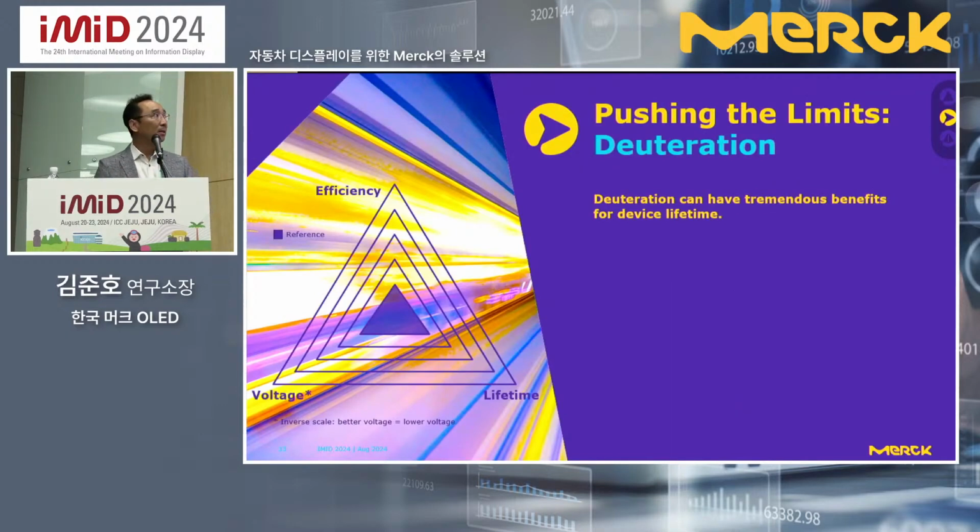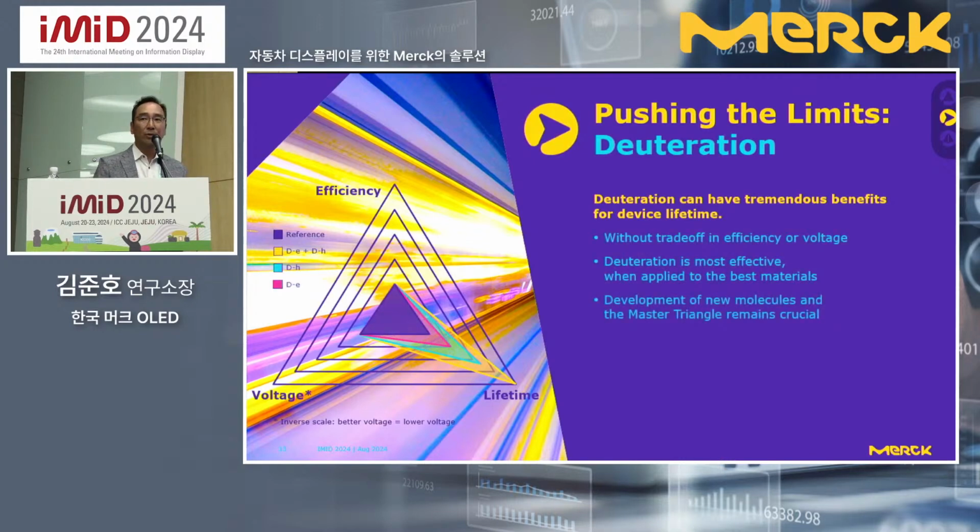The beauty of deuteration, as I said, is that it really keeps all other parameters the same and improves only the lifetime. It's now widely studied and published a lot in papers. Deuteration is actively used from emitter to host and also the blocking layers.